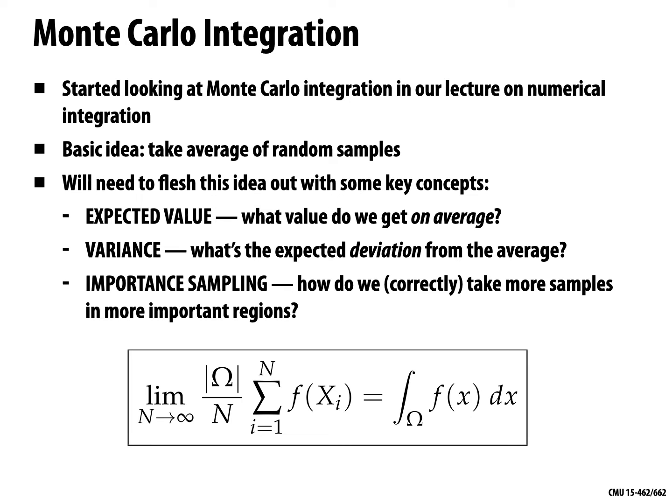So how do we approximate this integral? Well, we started looking at this idea of Monte Carlo integration in our last lecture on numerical integration. And the general idea of numerical integration was to say, well, most integrals we'll never be able to do by hand in closed form. So our general strategy for approximating an integral kind of goes back to the definition of the integral.